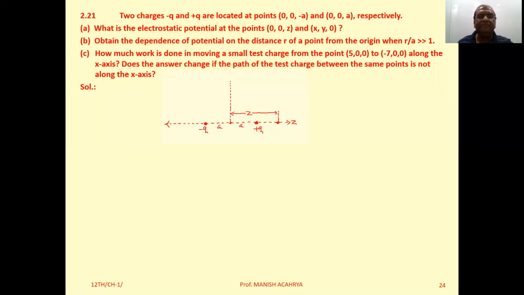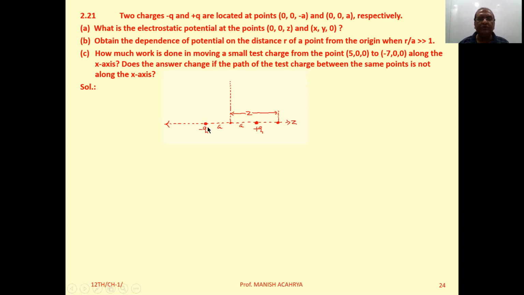See here, minus q, that is at (0, 0, -a), and plus q, that is at (0, 0, a), means we can say this is the dipole which is coinciding with the z-axis.